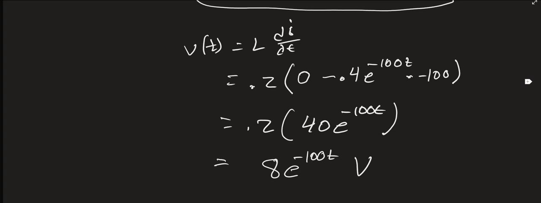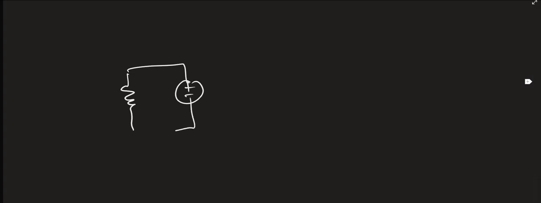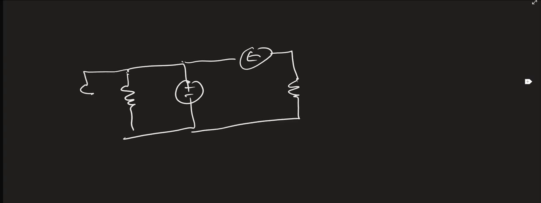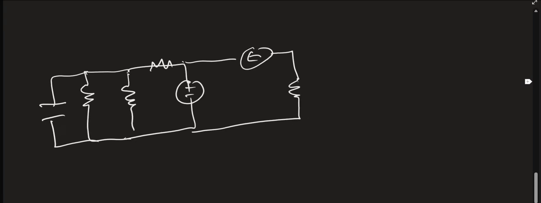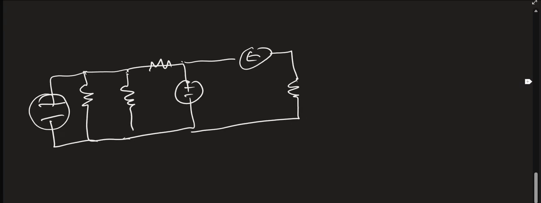So when we find tau, do we short out the voltage source every time? To find the resistance, yes. So whether it's a capacitor or a resistor. So anytime you're looking for tau, so like let's say this was my circuit. Let's be crazy and put a current source in there as well. Okay, so let's say this is my circuit and I wanted to find R for my time constant from the point of view of the capacitor.